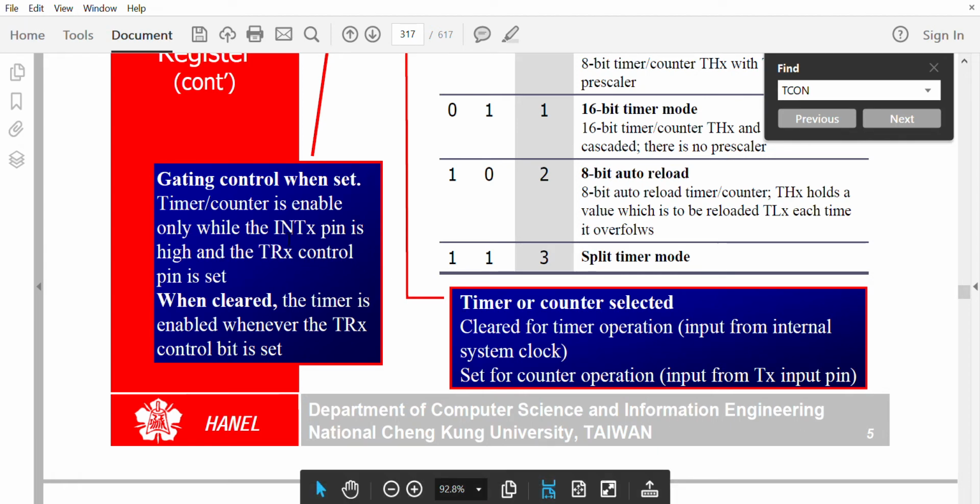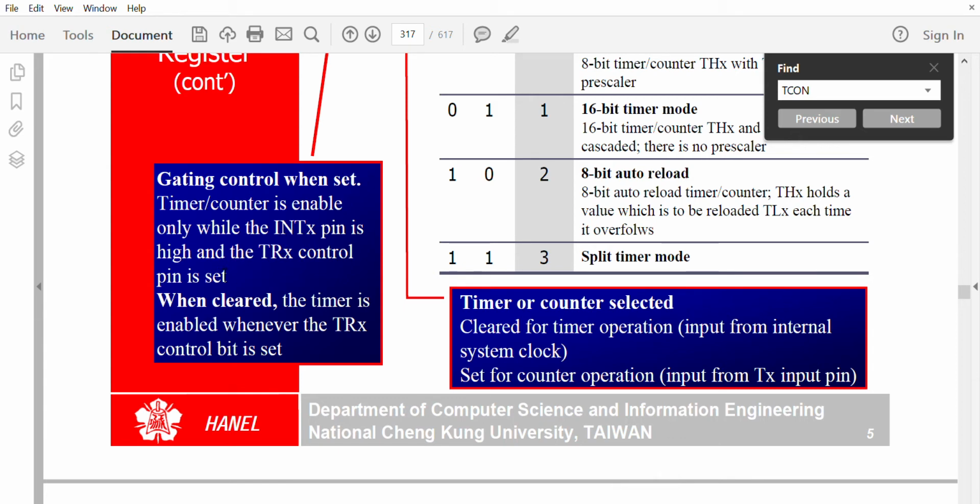So the TRX control pin is set to 1 and INTX pin is high. Then the timer or counter, whatever it is, is enabled. And that happens when gate pin is 1.